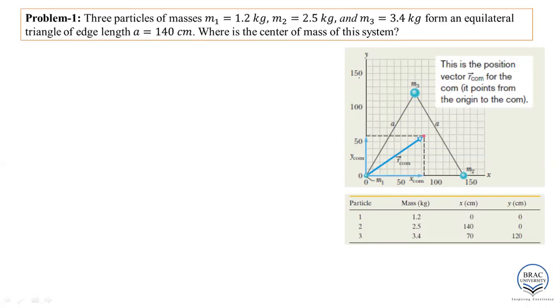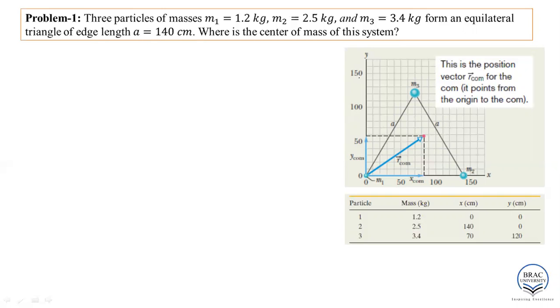So here, for our convenience, we place these 3 particles at different positions on this two-dimensional coordinate system. The first particle M1 is placed at the origin, so its coordinate is 0, 0. The second particle M2 is placed on the x-axis, and as the edge length of the equilateral triangle is 140 centimeters, its coordinate is 140, 0.